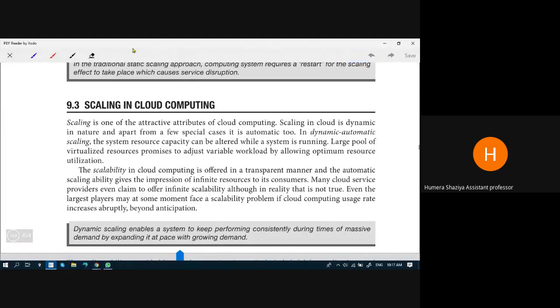All right. So this point is scaling is a very important attribute of cloud computing, and scaling in cloud is dynamic. Dynamic automatic scaling. What happens is system resource capacity can be altered while the system is running.